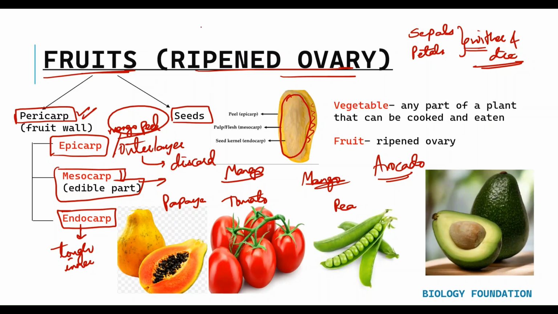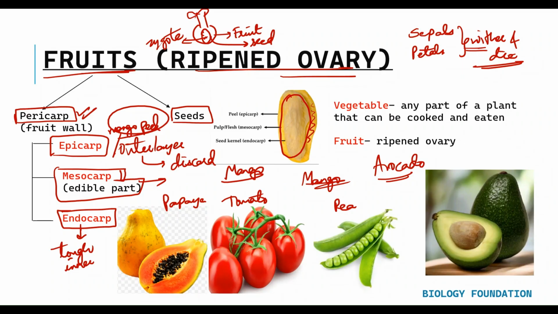Again, I'm telling you, you have the ovary, the style and the stigma. This ovary develops into the fruit, and inside the ovary you have the ovule. This ovule develops into the seed, and inside this you have the zygote, which is formed by the fusion of male and female gametes. So the seed has the zygote in it. Clear? The fruit is surrounded by the fruit wall or pericarp and consists of seeds.